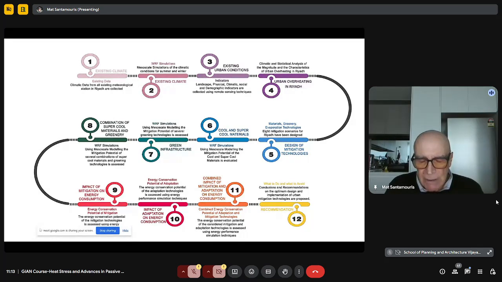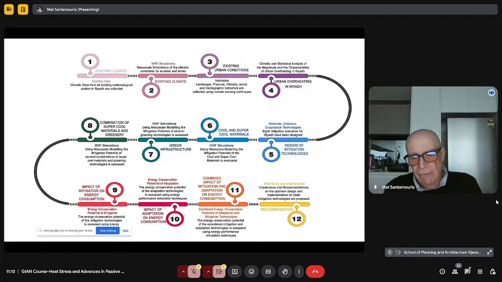We have to evaluate the potential of these mitigation technologies at the city scale and under different boundary climatic conditions. And we have to identify the best combination in order to achieve the best possible cooling potential for the city.